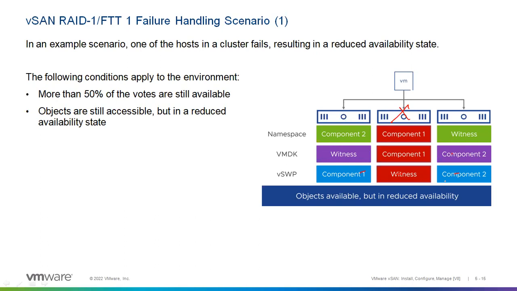It tells you your object is safe, but you have reduced the availability. So for that, you have to onboard a new node so that on that new node, component 1 will rebuild and the witness will rebuild. Got it?